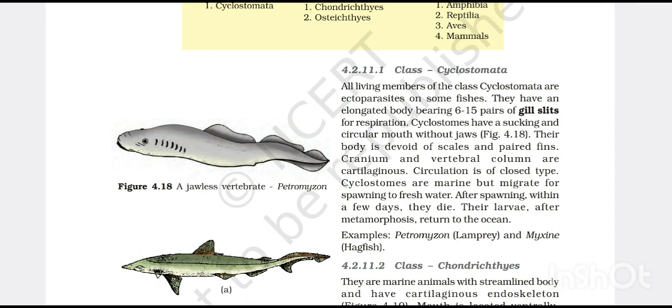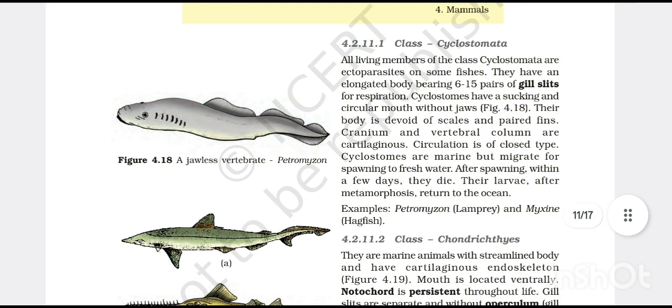They have an elongated body bearing 6 to 15 pairs of gill slits for respiration. Cyclostomes have a sucking and circular mouth without jaw. Their body is devoid of scales and paired fins. Cranium and vertebral column are cartilaginous. Circulatory system is closed type, that means the circulation occurs through vessels.